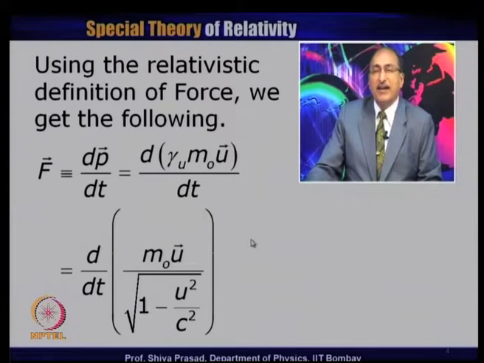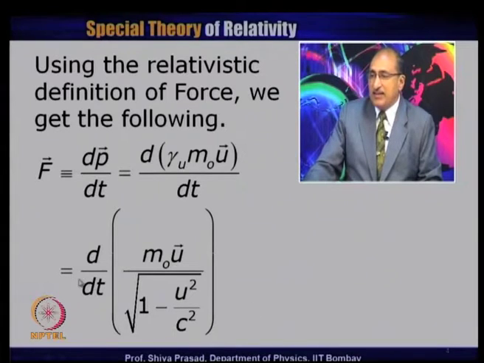So, I must take the rate of change of this quantity if I accept this definition of force, which means that force has to be written as d/dt of m naught u, where gamma u is expressed as 1 upon under root 1 minus u square by c square. So, force must be written in this particular fashion.